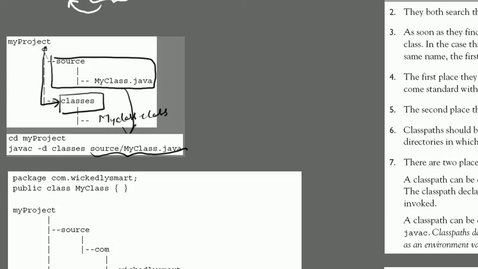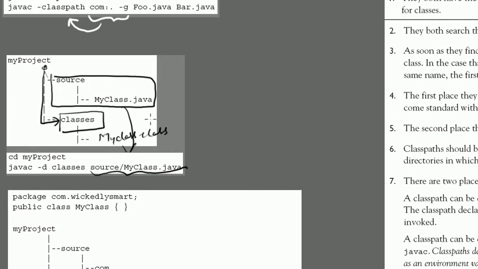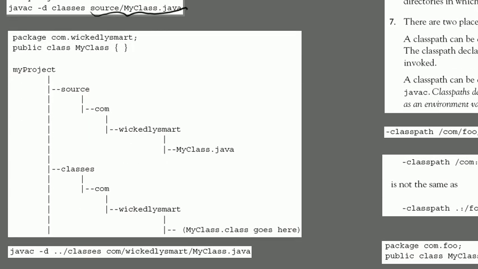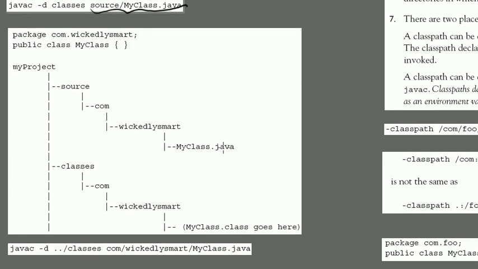Now this is an example where MyClass.java is not given a package name explicitly, but look at this example in which MyClass has been put in the com.wickedlysmart package. Within the source you have a MyClass.java file.